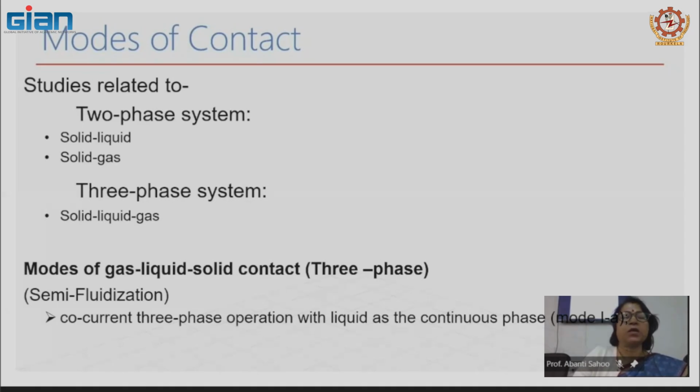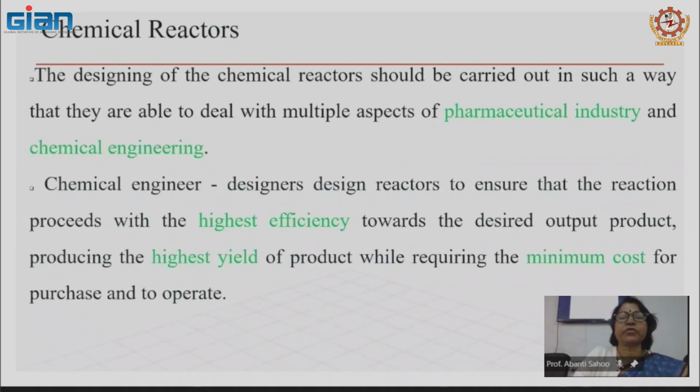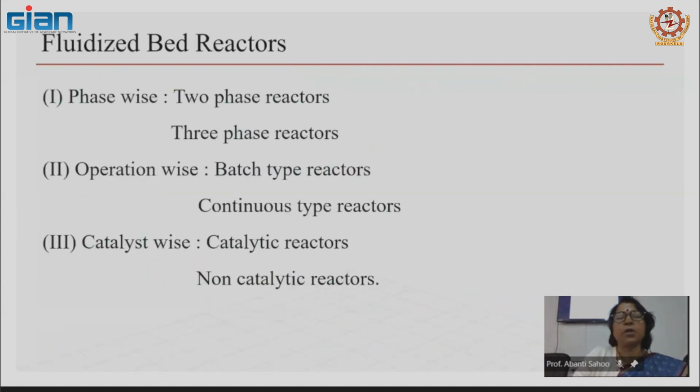In the two phase situations, it may be the fluidized bed, though three phase fluidization is also there, and the packed bed is only two phase. And whether it is the fluidized bed, packed bed, or semi fluidization, it may use batch type reactors or continuous type reactors.